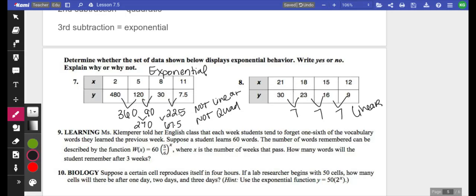So I'm going to go back to my stat edit, clear out what I have. For my X's, I'm putting in 21, 18, 15, 12. And for my Y's, 30, 23, 16, 9. Go to my window, and my X's are between 10 to 30 or 10 to 25.